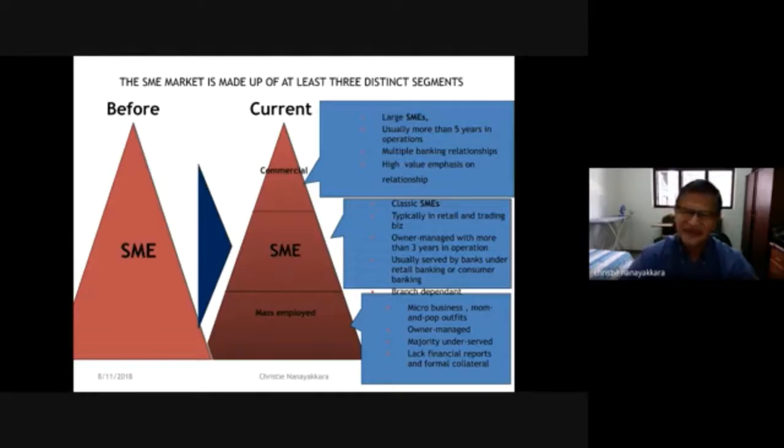So they are kind of large SMEs, usually more than 5 years in operation, with multiple banking relationships. Earlier, you only had enough money to go to one branch and do your transaction. Now when you are in commercial activity, you have diverse interests or different types of businesses. You would like to give one business to one bank, the other business to the other bank, because you get the opportunity to borrow from two institutions.